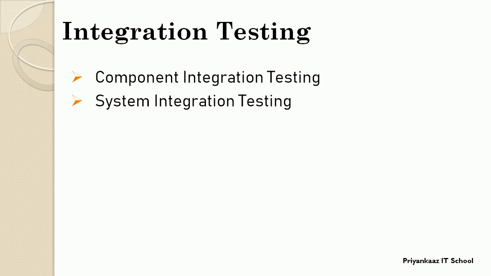Suppose you are validating Gmail authentication for Facebook, for Twitter, or many other applications as well. Then we are doing system integration testing, because Gmail is a separate application and Facebook is again a separate application. So if you are validating authentication of Facebook through Gmail, then again we are doing system integration here, right? And that's the reason.